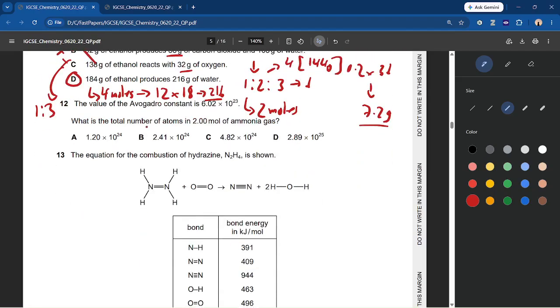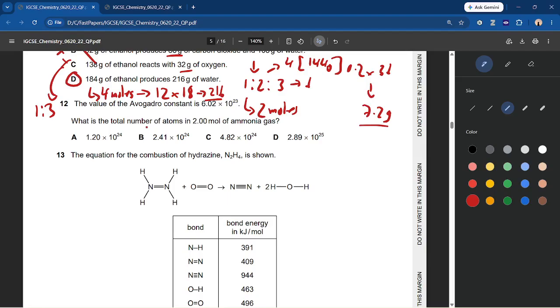The value of the Avogadro constant is 6.02 times 10 to the power 23. What is the total number of atoms in 2 moles of ammonia gas? So 6.02 into 2. This is interesting.